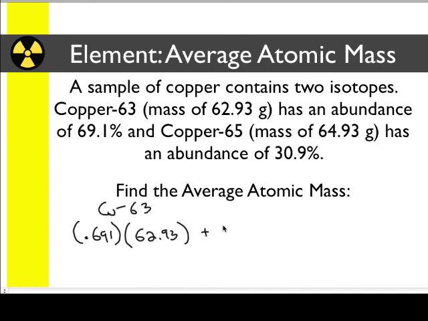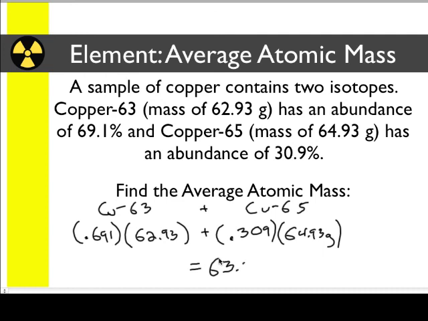And I'm going to add it to 0.309, the decimal form of 30.9%, times the mass in grams of my copper-65, which is 30% of that one. I get those together, and I will get an average atomic mass of copper. This is why they're averages on the periodic table, of 63.55 grams. So this is the number you're actually seeing on the periodic table, the 63.55 grams, coming from the average of the two isotopes, the weighted average.